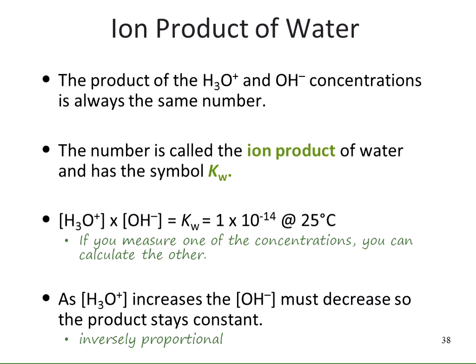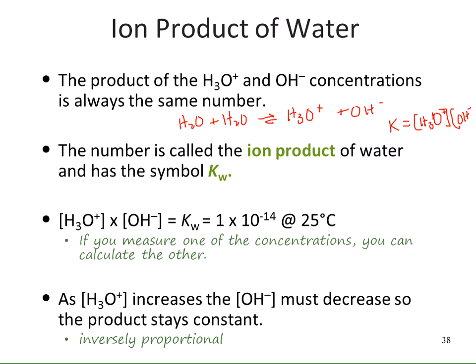So thinking back to that previous reaction where we have two waters combining to make the hydronium ion and the hydroxide, if we were to write the equilibrium constant for that reaction, the mass action equation, we take the concentration of the hydronium ion, H3O+, and multiply it by the concentration of the OH-.